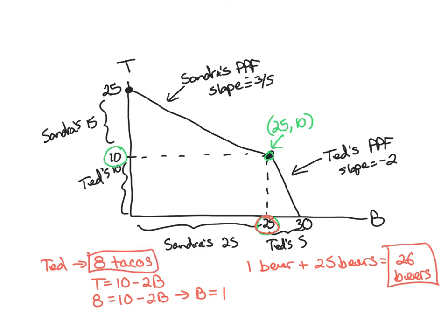For the final question, part E, we're asked to determine at what possible price Ted and Sandra would be willing to trade beers and tacos if they each specialized in their comparative advantages.